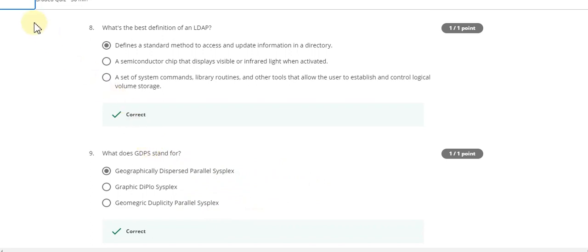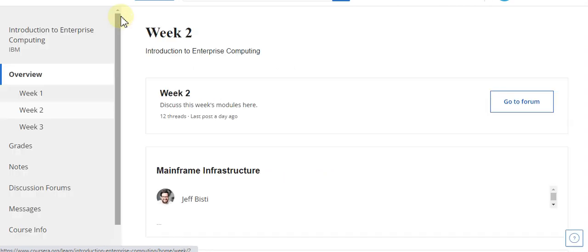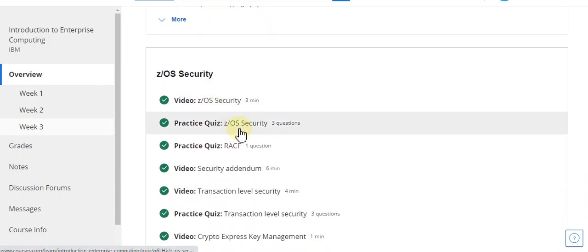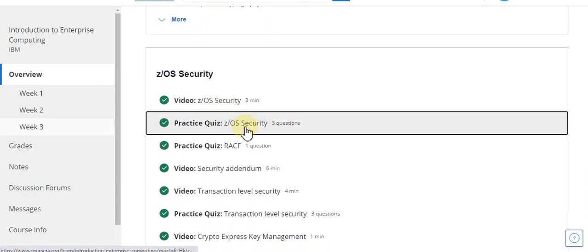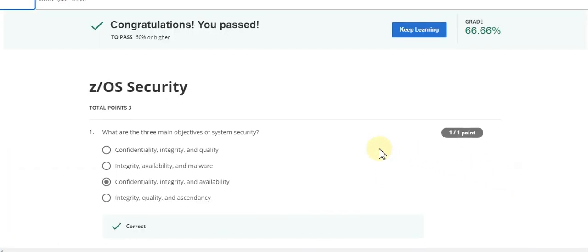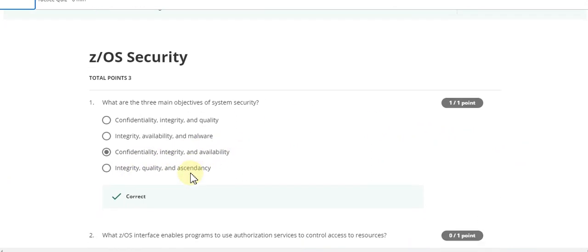Now go to the week 3 quiz solution. The week 3 practice quiz solution part 1 is z/OS security. The first question answer is confidentiality, integrity and availability.